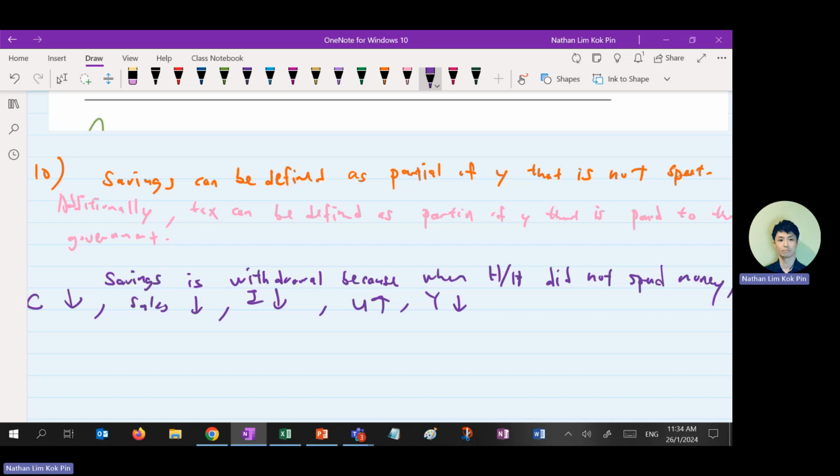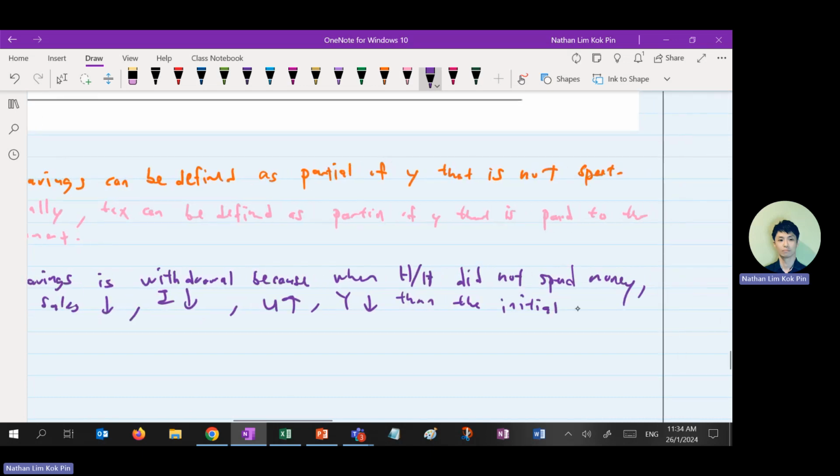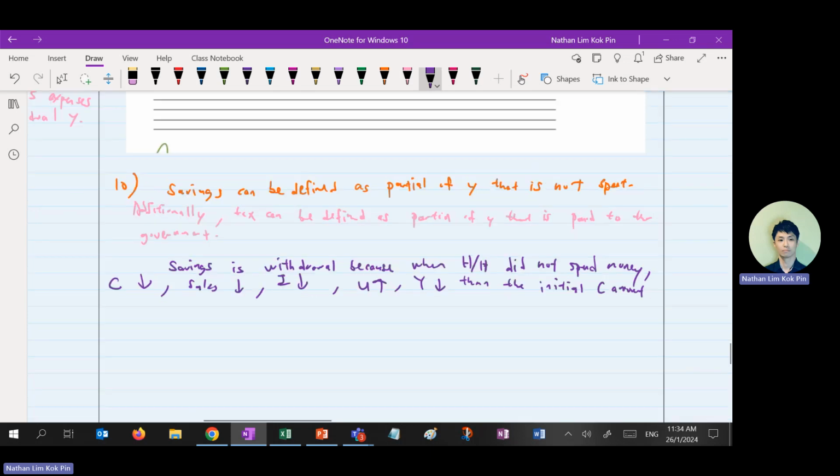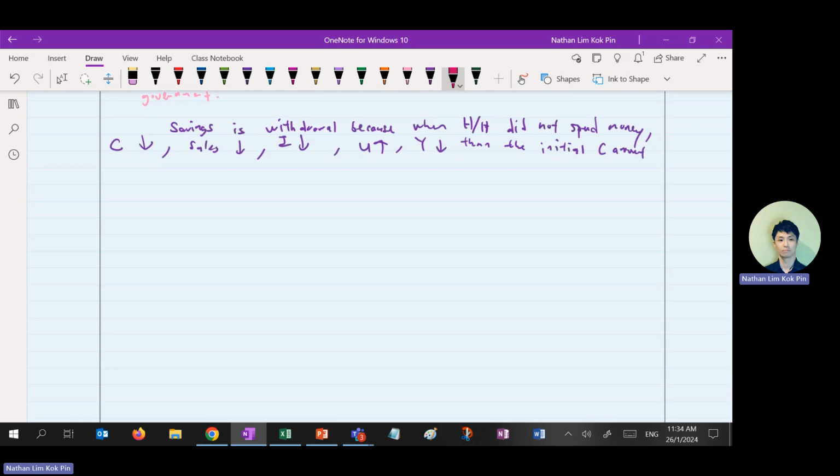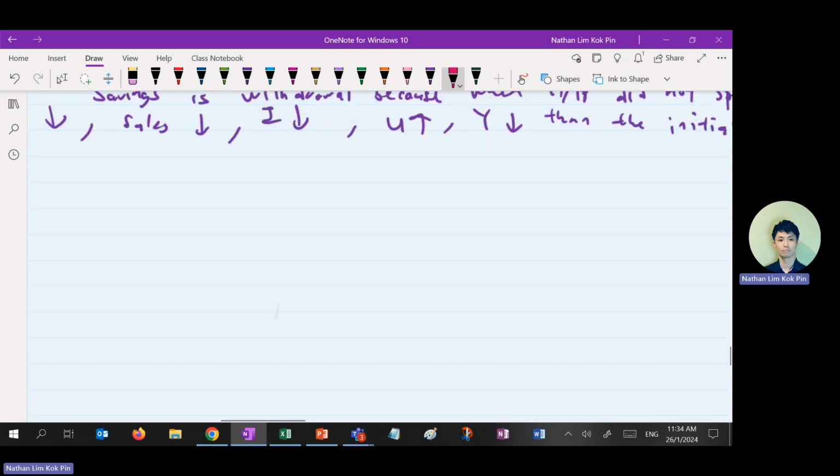It will be lesser than the initial savings amount. The consumption will decrease by 1,000, but because of the multiplier, it will decrease by more than the consumption amount that they decrease. Think about that, right? Now, what about tax?